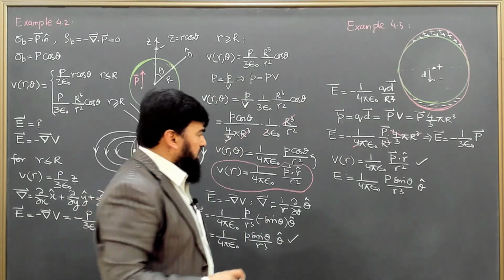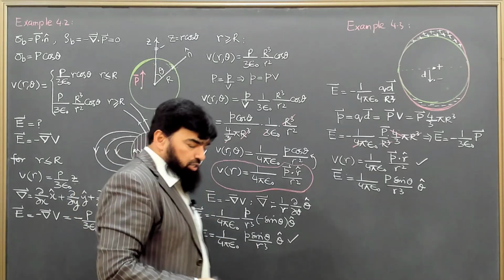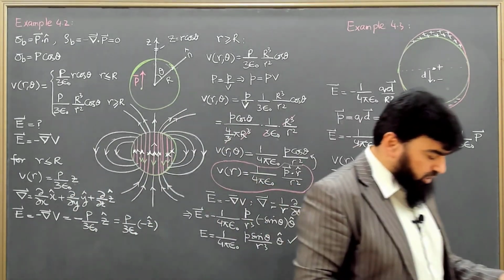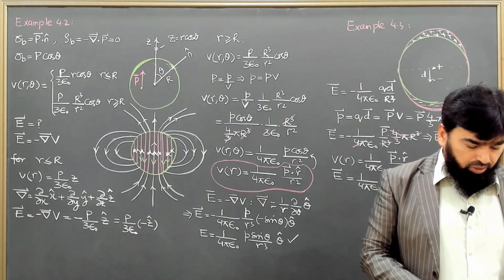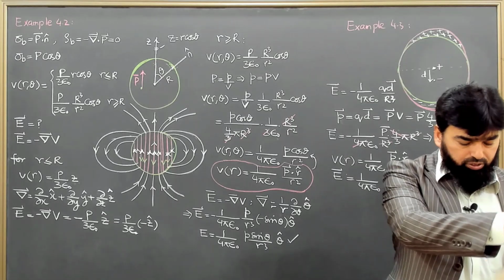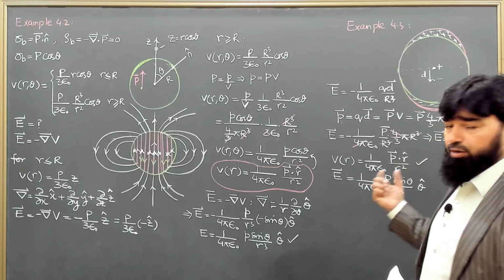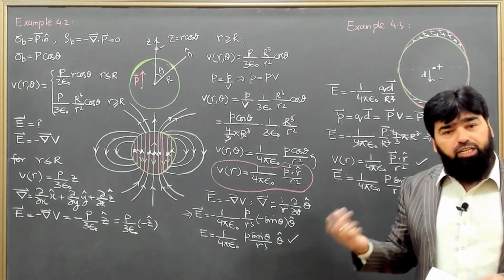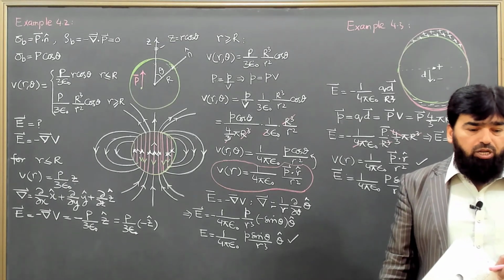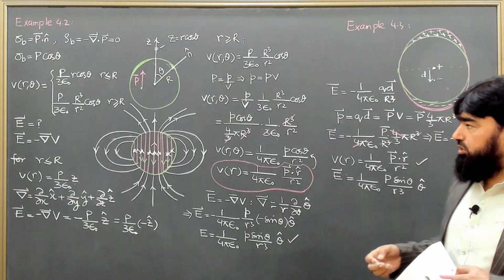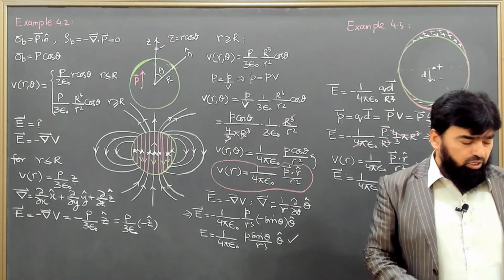So you can write it like this, just applying the gradient in spherical polar coordinates, and this will give the field of this sphere. It is just a way to calculate this in a different manner, by generating the dipole or those surface bound charges, the polarization charge here. So it's another way to do this.